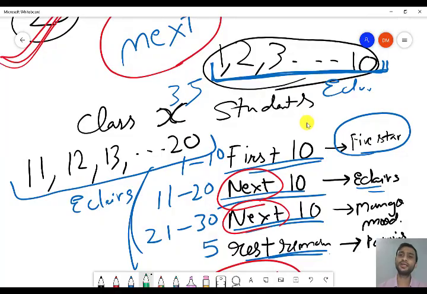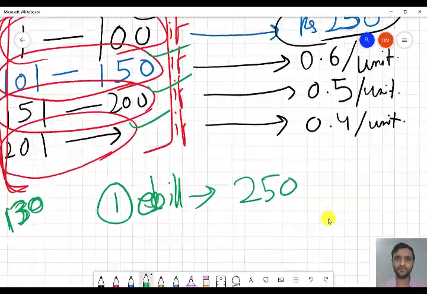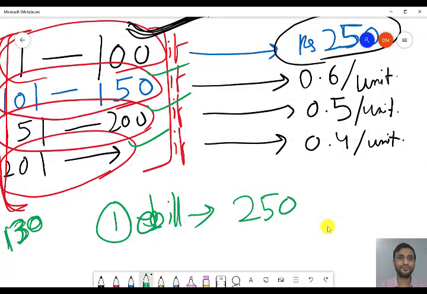No, because they have already received 5 stars. Similarly here also, when we are talking about 250, the first 100 units, assume that these units are students. The first 100 students have already received 250. So the next 50 students will get 0.6. Assume that here unit means student. But will the first 100 get 0.6? No, they will not get, because they have already received 250. It is only for the next 50.